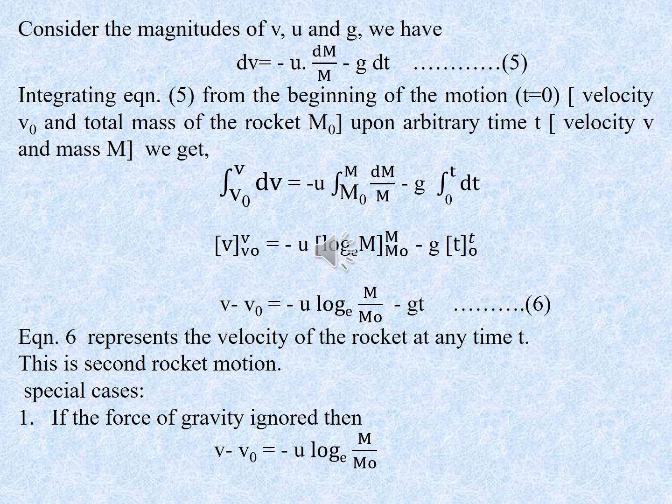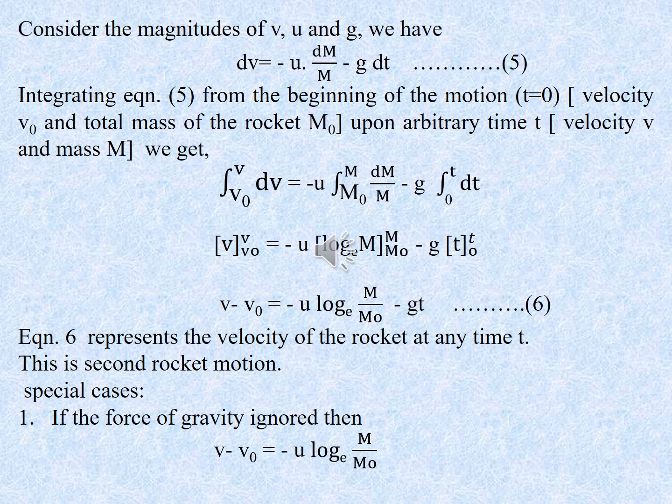Time changes from 0 to a certain time t, so integral 0 to t dt. After integration we get the final equation: v minus v naught is equal to minus u log m by m naught minus gt, that is equation 6. Equation 6 represents the velocity of the rocket at any time t. This is the second rocket equation.